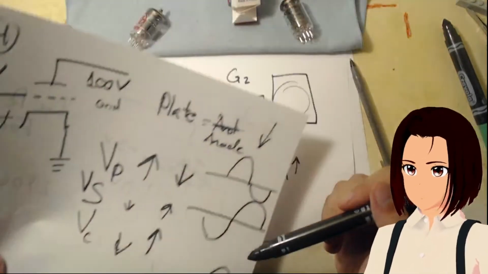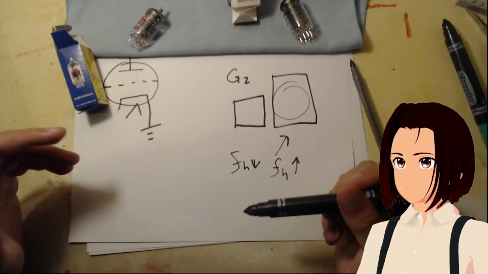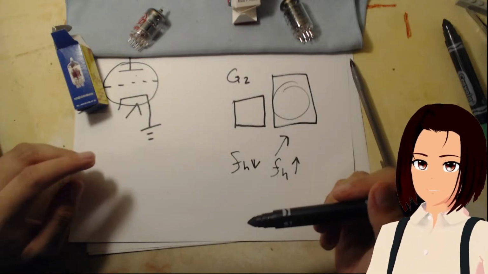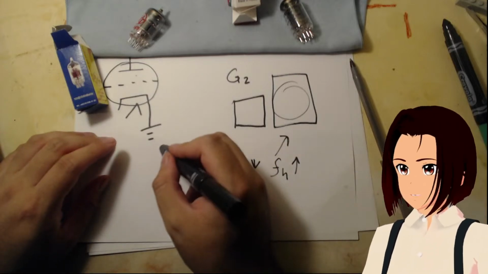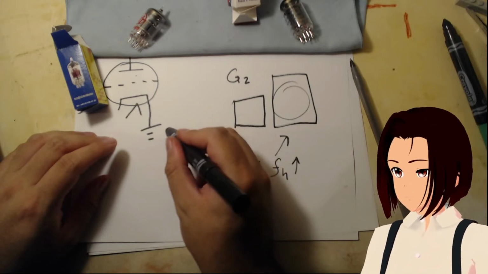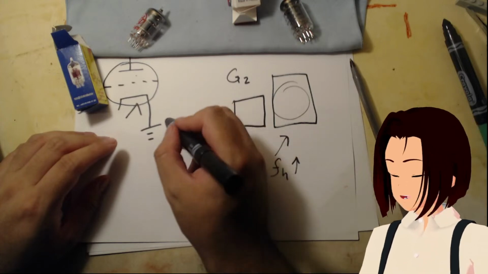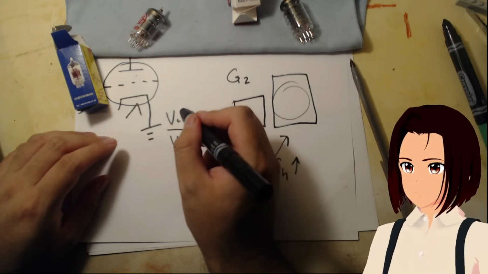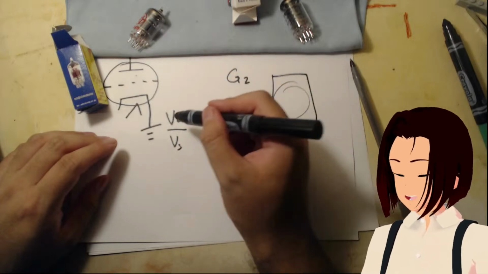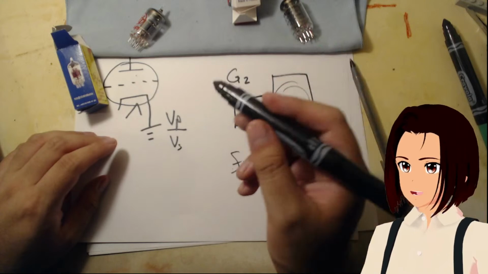So let's put it like this. If we have V of the signal, that's the denominator of, say, the V of the cathode, or it could be the V of the plate. Let's just put the V of the plate.